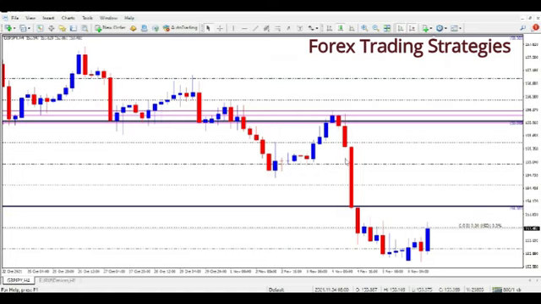Fair enough. So where am I waiting for my entry? Basically, I usually place a limit order here, and some sell stops around this area. I'm just waiting for this next candle to see what it does.